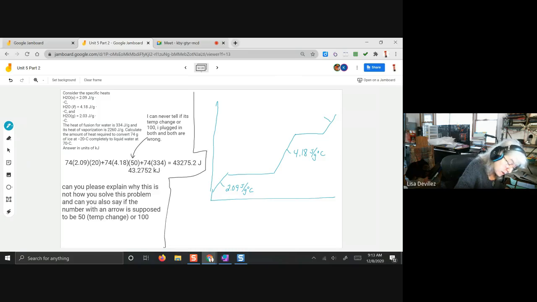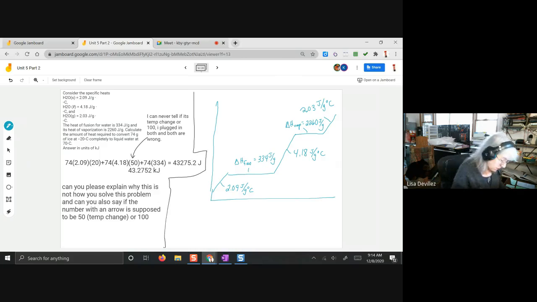This one is 2.03 joules per gram degrees C. Then our delta H fusion is 334 joules per gram. And this one is delta H of vaporization, so 2260 joules per gram.